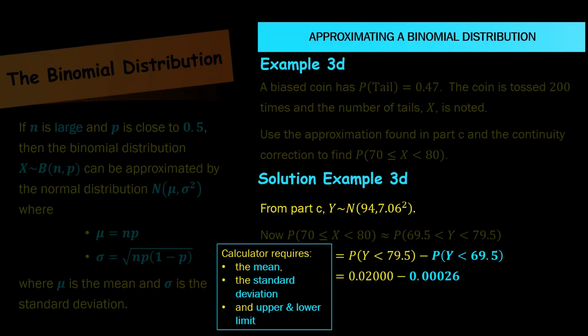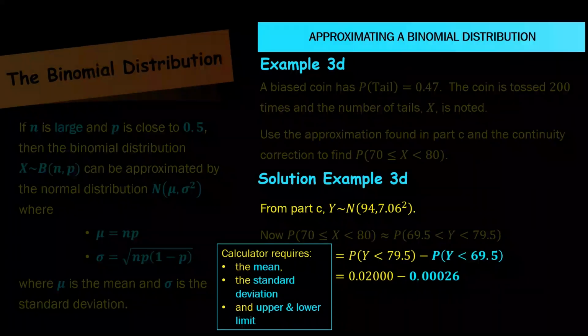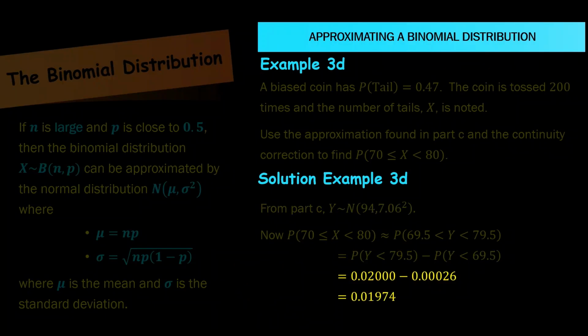So for this inequality, the mean is again 94, the standard deviation is 7.06, the upper limit is 69.5, and again for the purposes of our calculator we need to have a lower limit which is about 10 standard deviations or more below the mean. And this equals 0.01974.